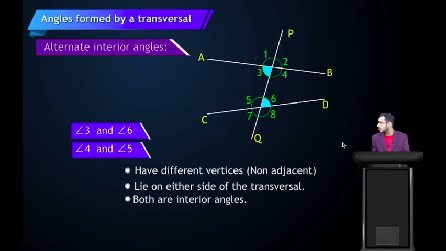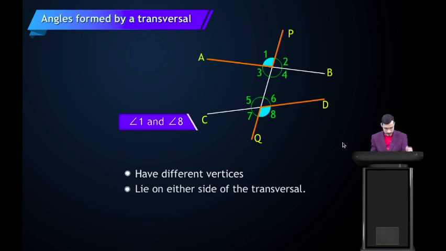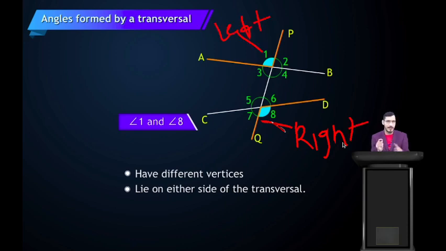Now you can see angle 1 and angle 8. They have different vertices. Second point, they lie on either side of the transversal: angle 8 on the right side, and angle 1 on the left side of the transversal line.